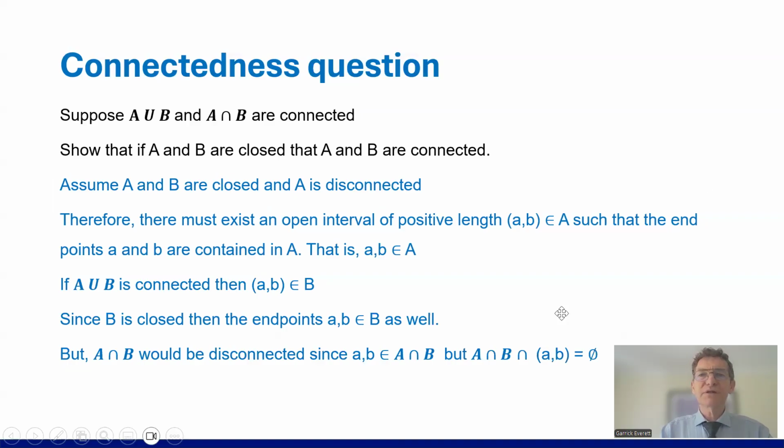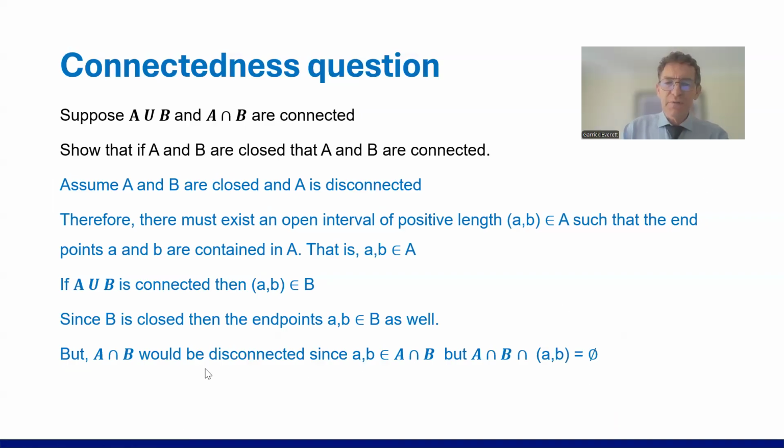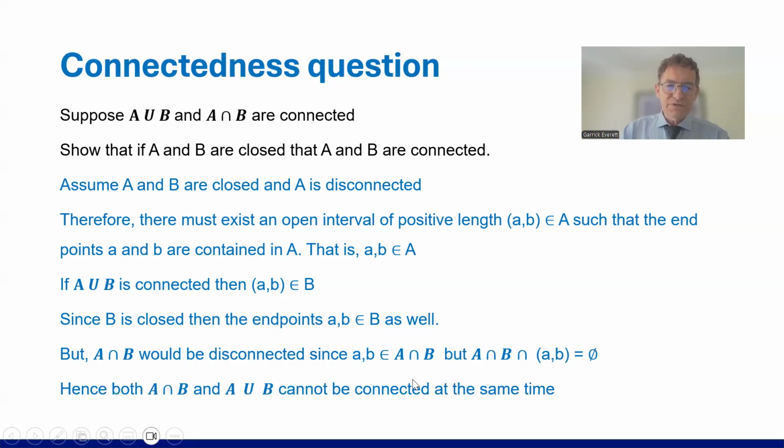Let me make an image up here so they're out of the way of the thinking space. A intersection B would be disconnected since the points, the endpoints A, B, are elements of A intersection B. But A intersection B intersected with the line AB is the empty set. There's nothing there. So therefore, A union B and A intersection B cannot be connected at the same time.